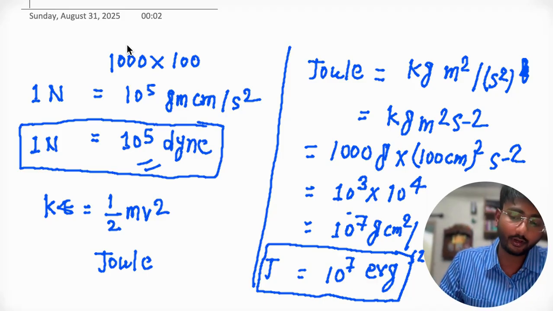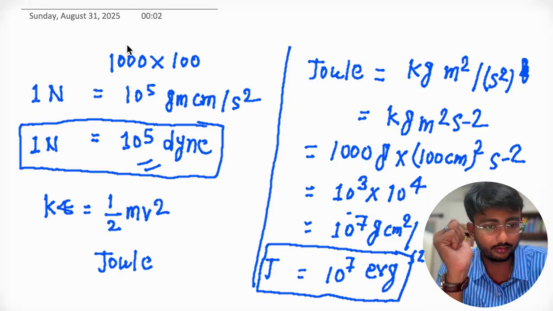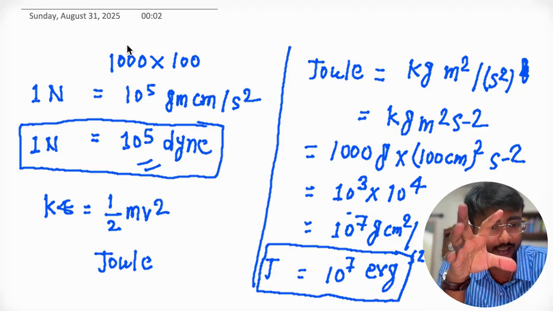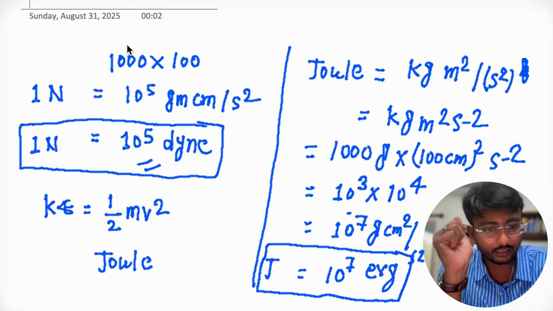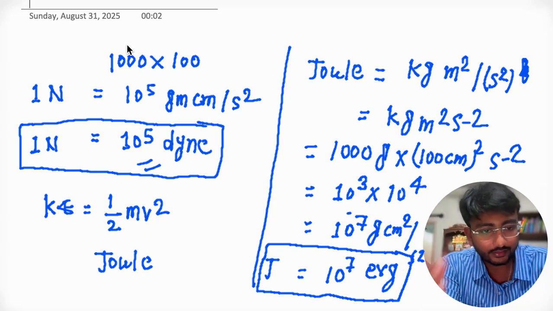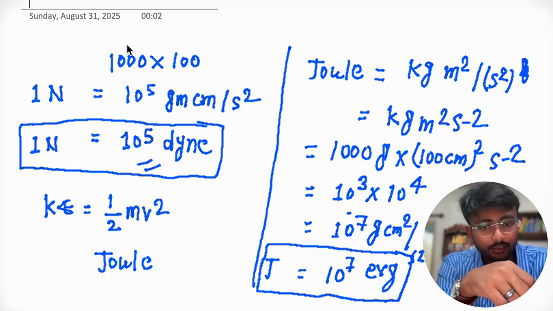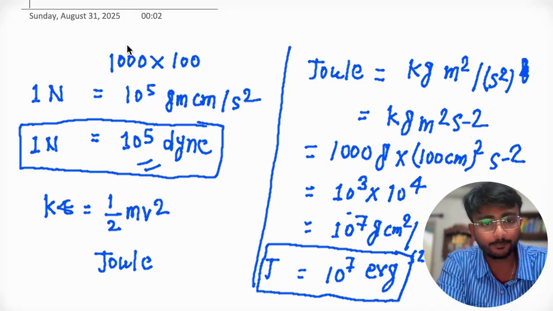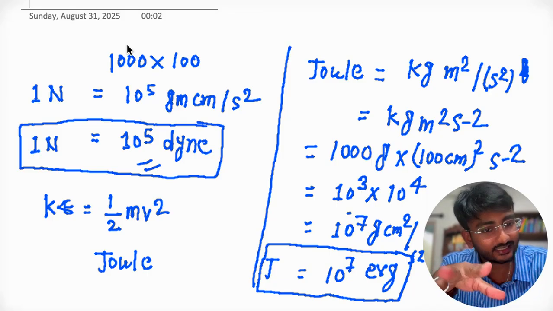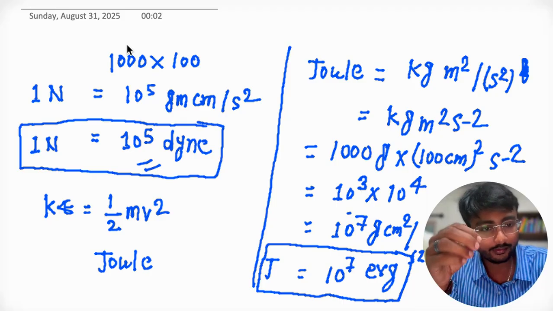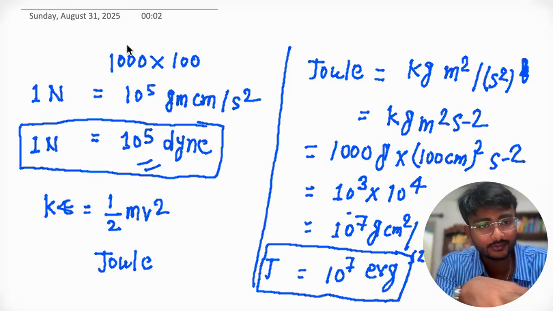I had told you that any quantity which can be measured by any instrument is called physical quantity. Then we further classified physical quantity into two kinds, that is fundamental quantity and derived quantity. And you know that there are 7 fundamental quantities and the rest are derived quantities.